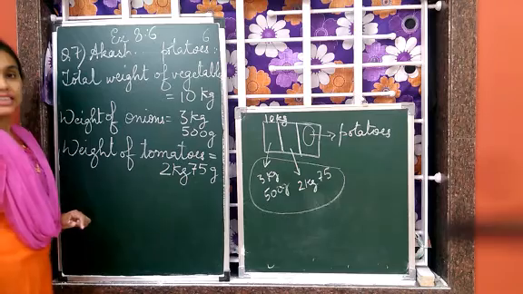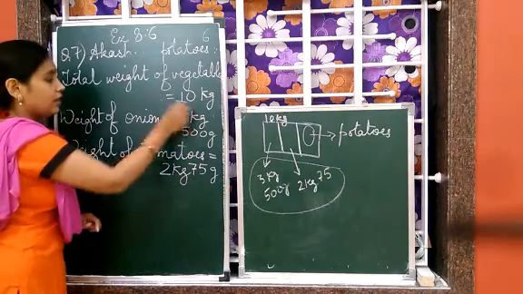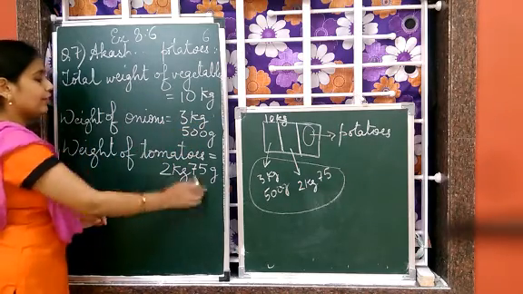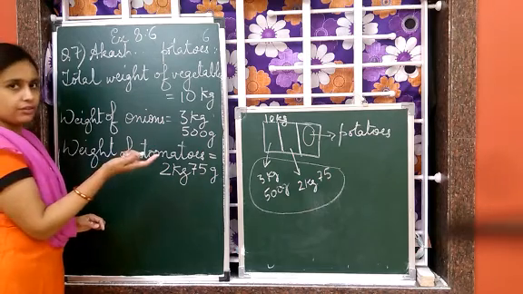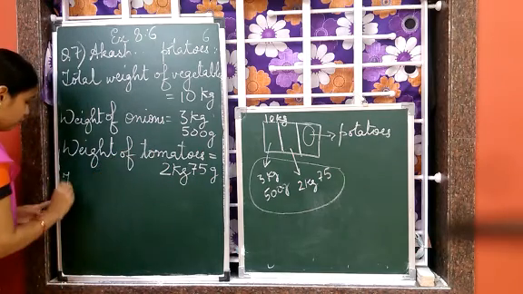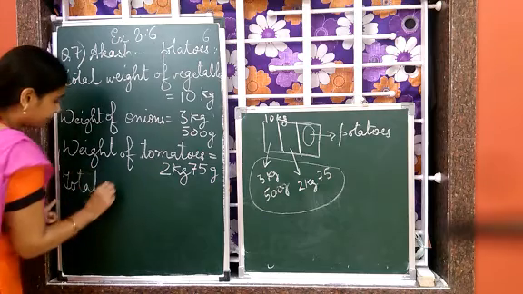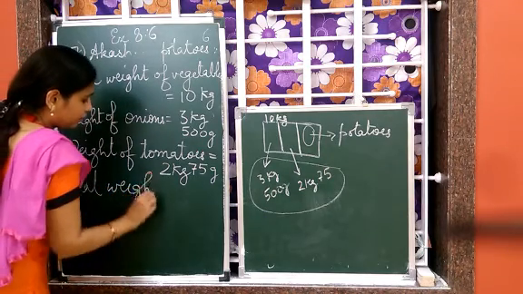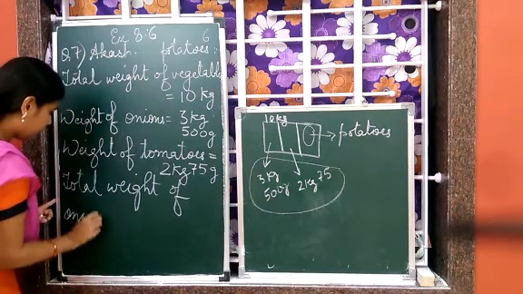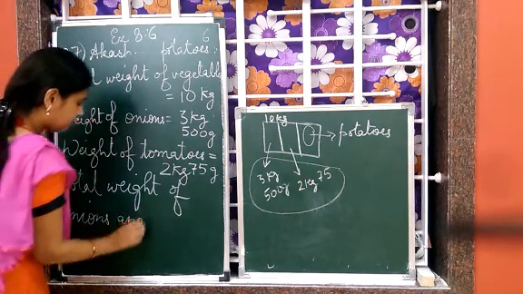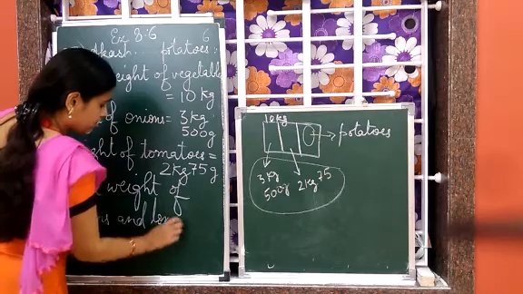Now, what should be the next statement? Next statement should be about the total weight of tomatoes and onions. Then we are going to find out the weight of potatoes. So, total weight of onions and potatoes.